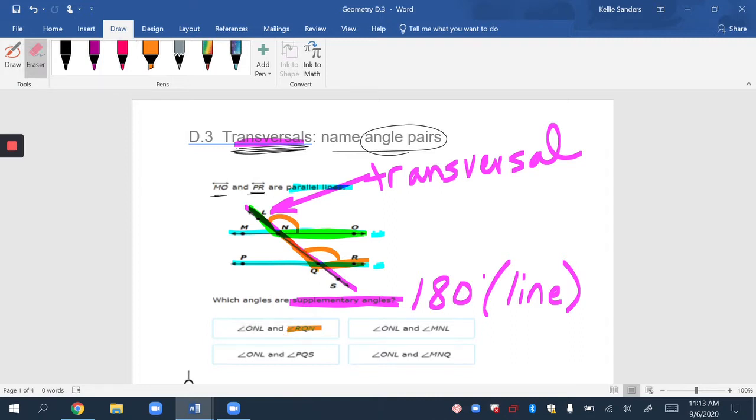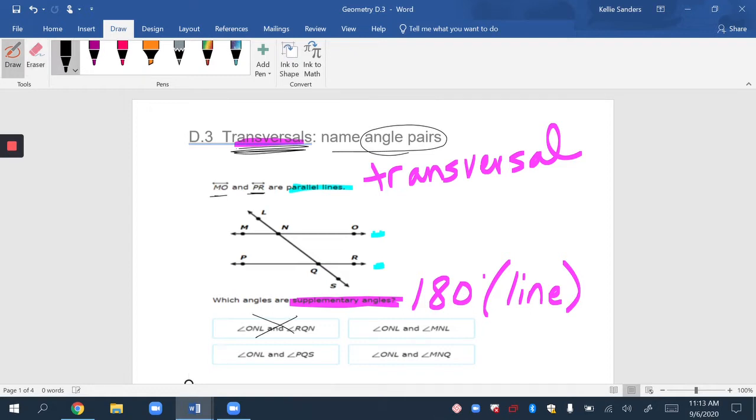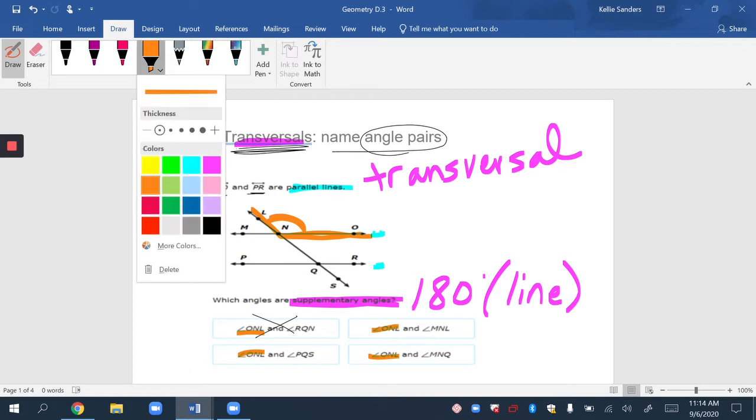I'm going to take all this off. Do it step by step on it. That one is not yet. The good thing on this, see how this is all ONLs? So ONL is used on every single option that we have. Let me tell you what the answers could be, and then we'll look for them as we go along.